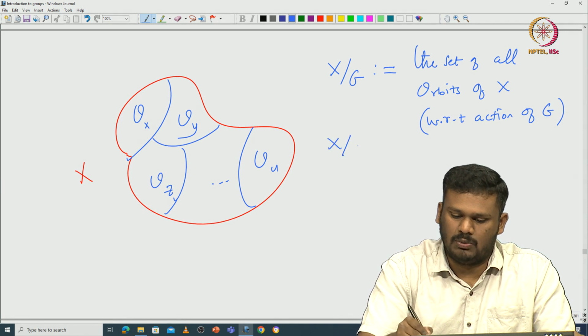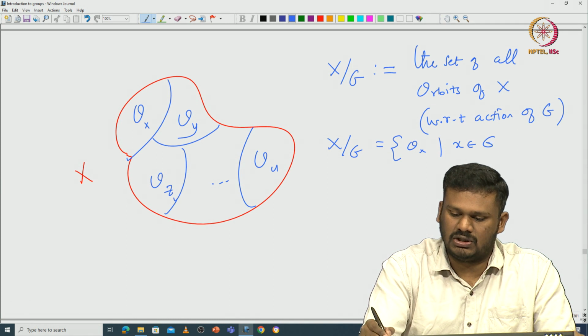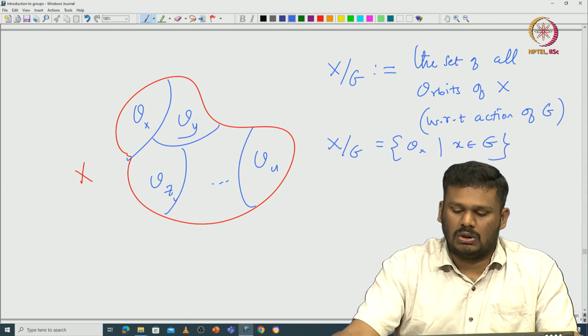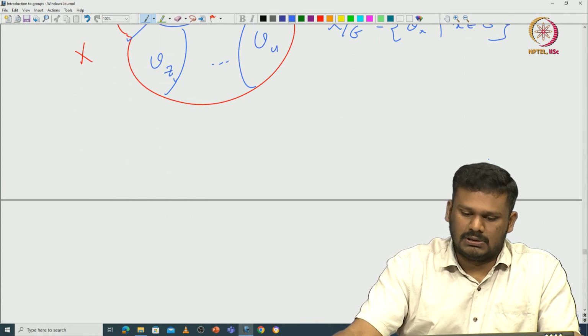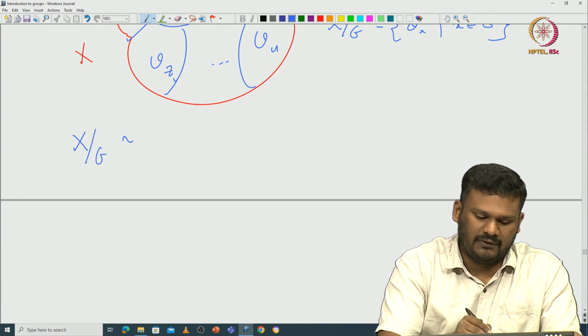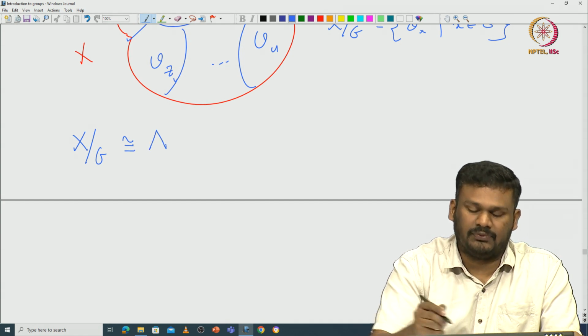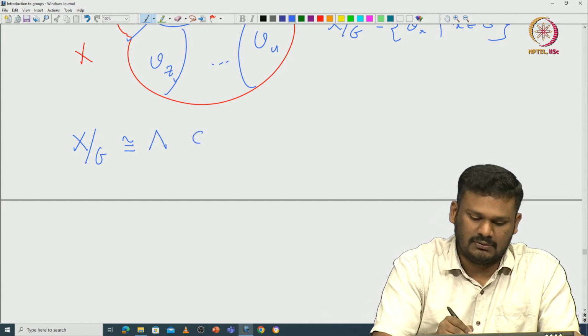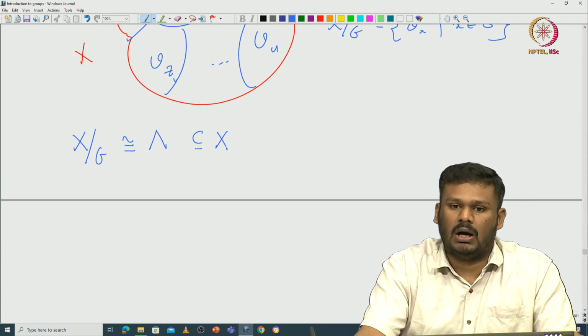So, what is X mod G? X mod G is all the orbits O_x, x in X. So, now since this X mod G, we can identify this bijectively with some subset capital Lambda of X. So, how one can do this?